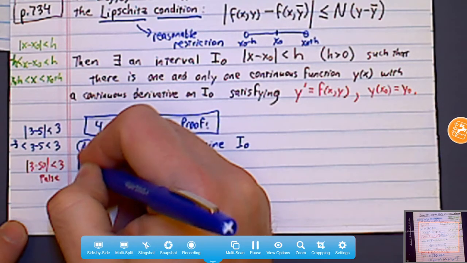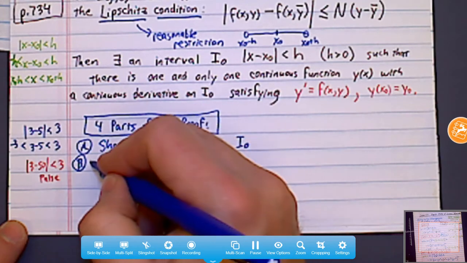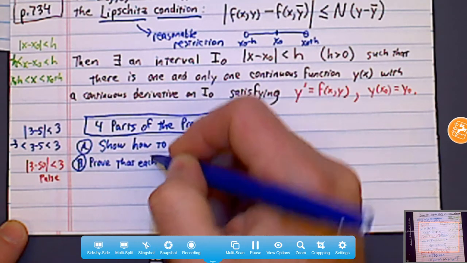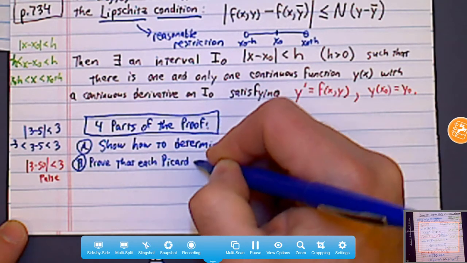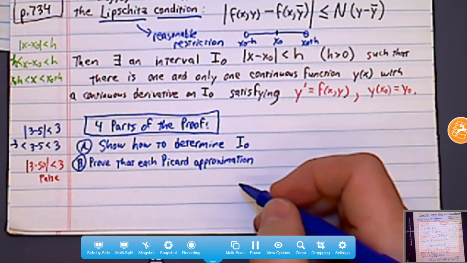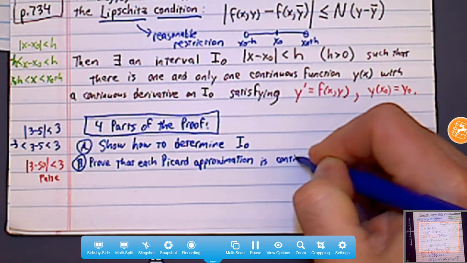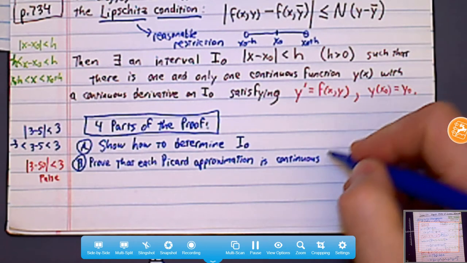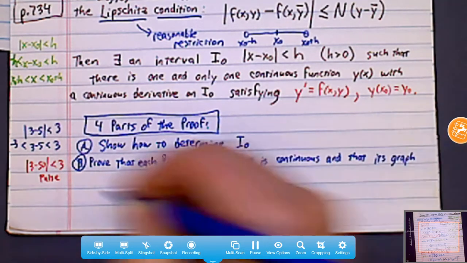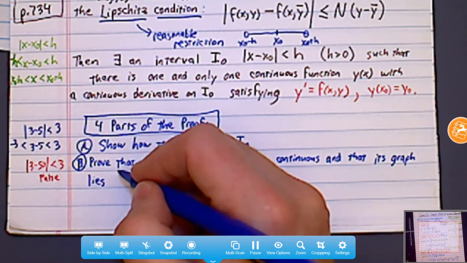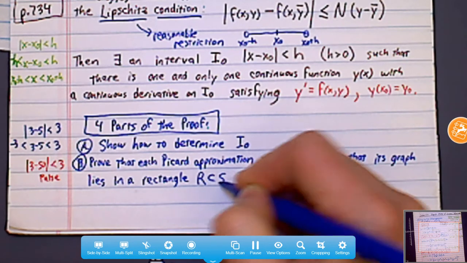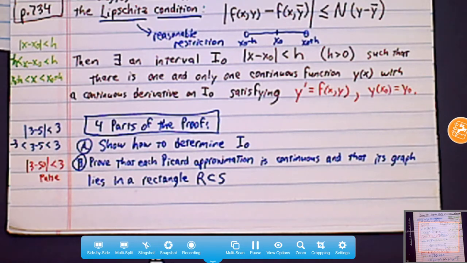Part B. We're going to prove that each Picard approximation, that's why I needed to do this last time, is continuous and that its graph lies in a rectangle R, which is contained in S. So let's show the picture again for a moment.